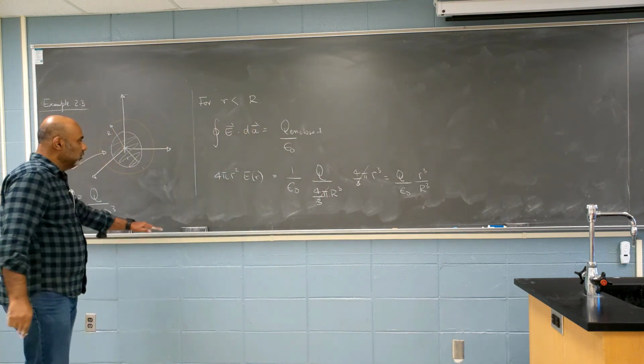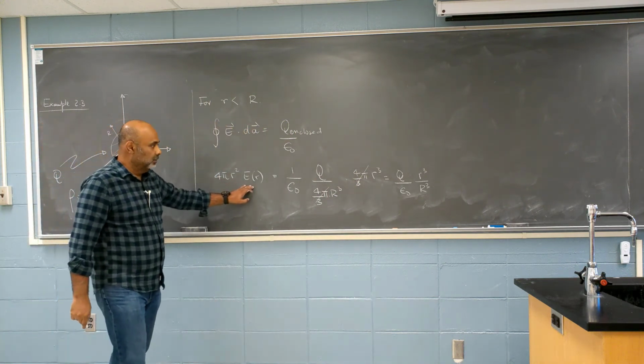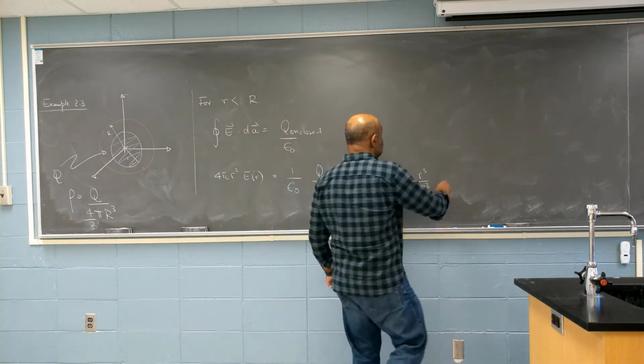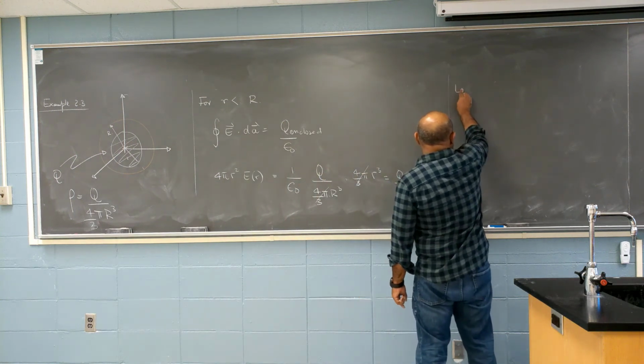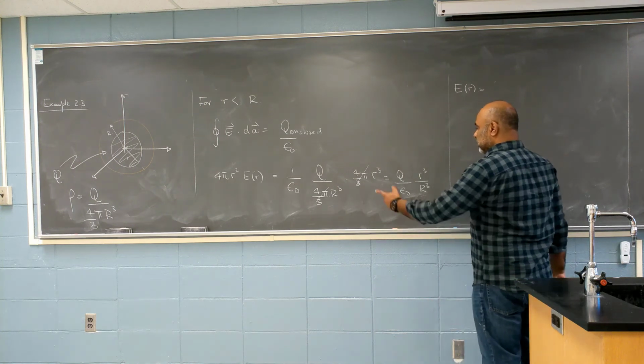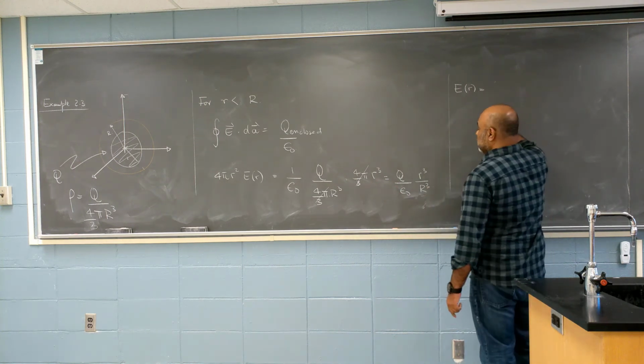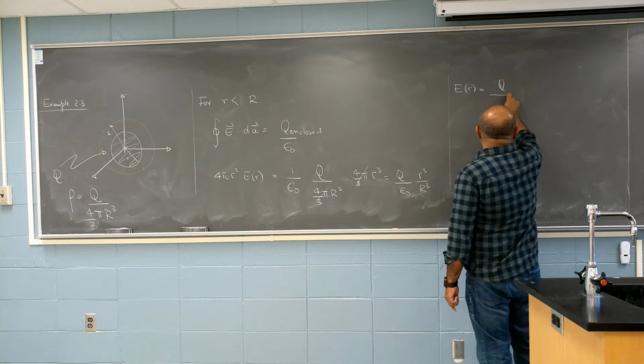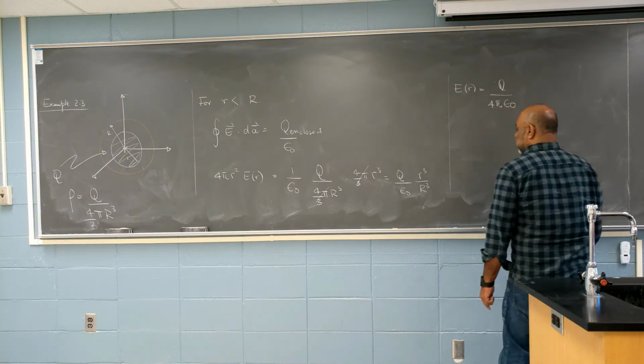Now I'm going to set it equal to that. You guys are good with math, so tell me what you get. Electric field as a function of r is, there's a 4 pi epsilon naught, so I get Q over 4 pi epsilon naught. And then what do I get?